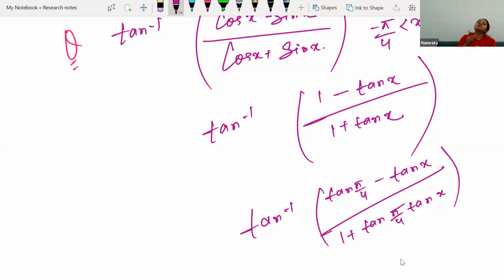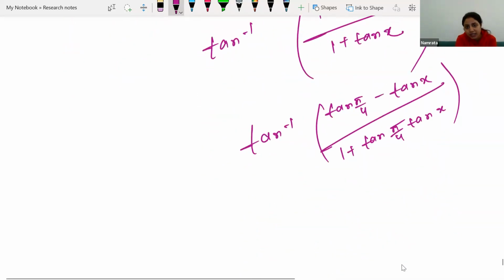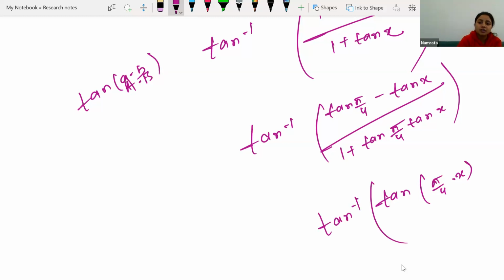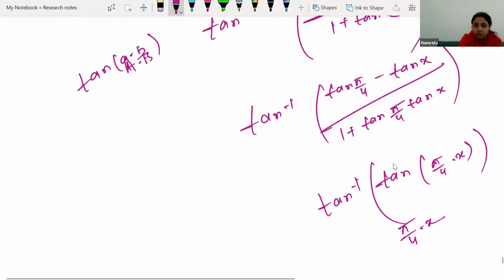Tan A minus tan B by 1 plus tan A tan B, that is tan of A minus B. So it is tan of pi by 4 minus x, and outside we still have tan inverse. So we will end up having pi by 4 minus x. Have we done any substitution over here? No. So this is our answer.